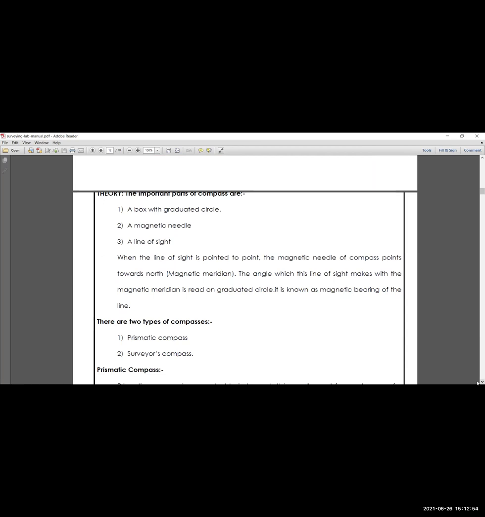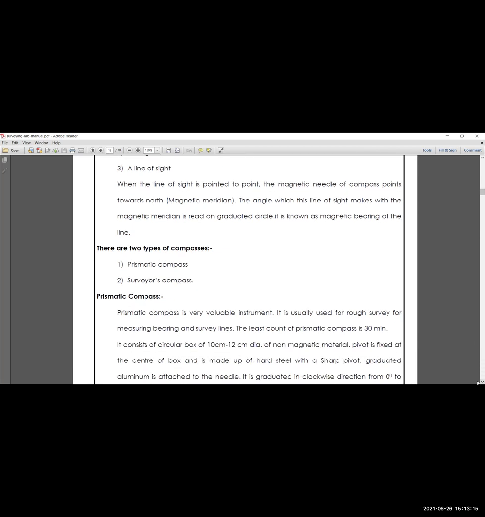When the line of sight is pointed to a point, the magnetic needle of the compass points towards north, that is the magnetic meridian, and the angle which this line of sight makes with the magnetic meridian is read on the graduated circle. It is known as the magnetic bearing of the line.